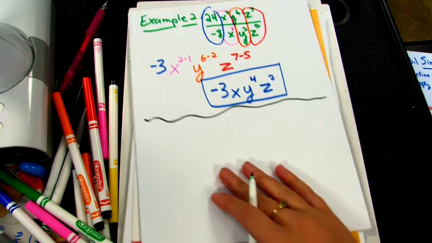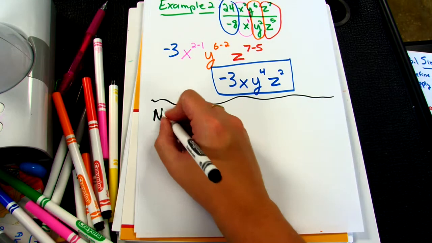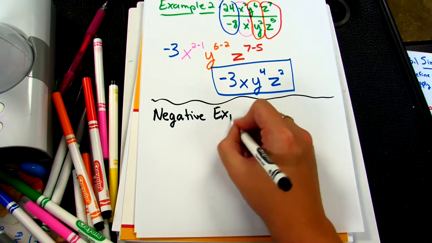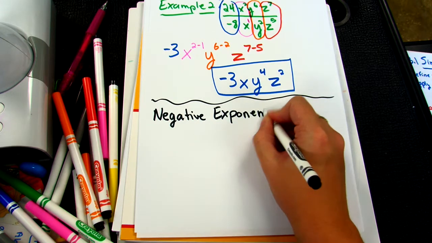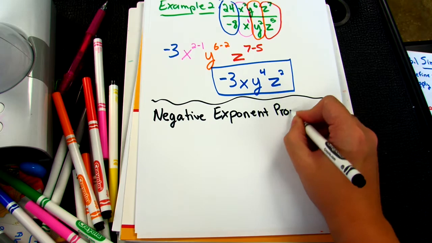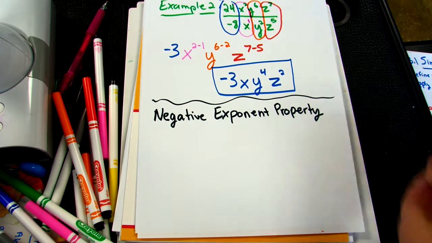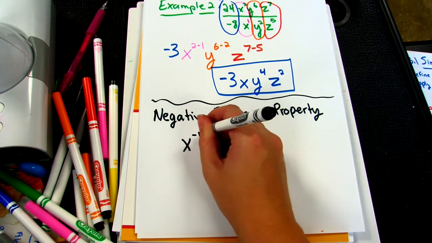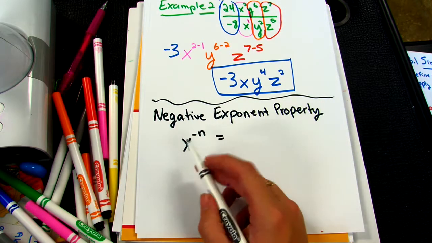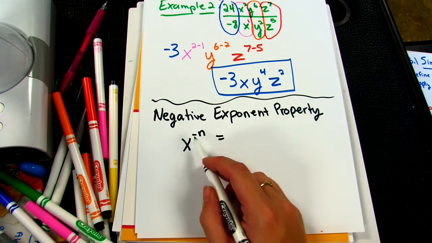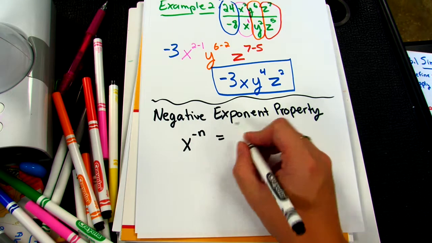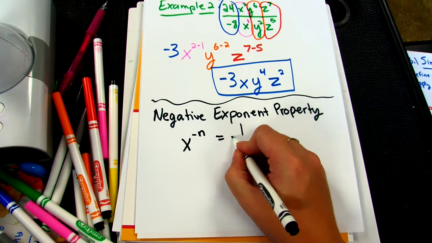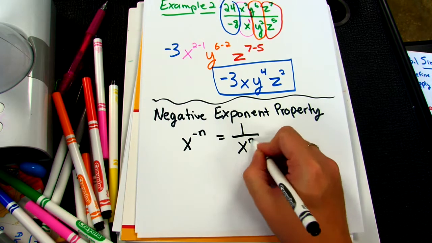The negative exponent property says that if you have x to the negative n power, your exponent does not want to be negative. So we'll take the reciprocal, so it'll become positive. So it'll become 1 over x to the n.